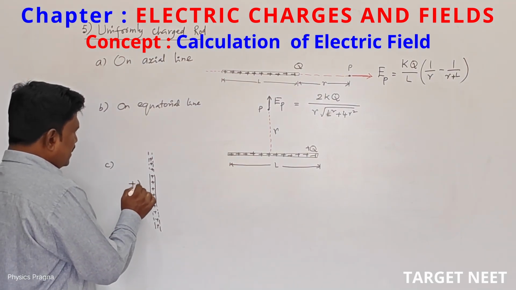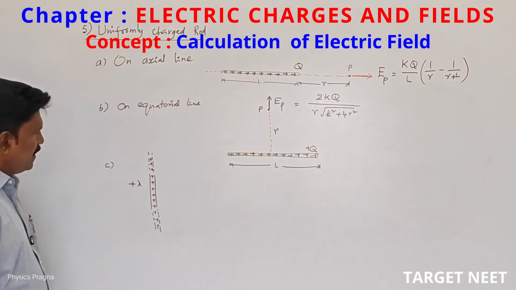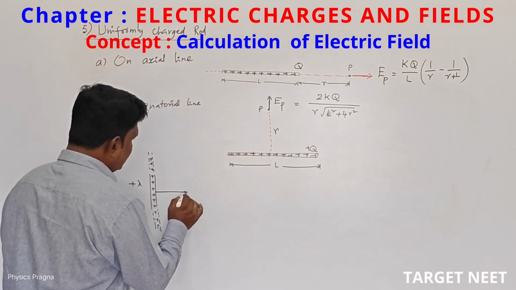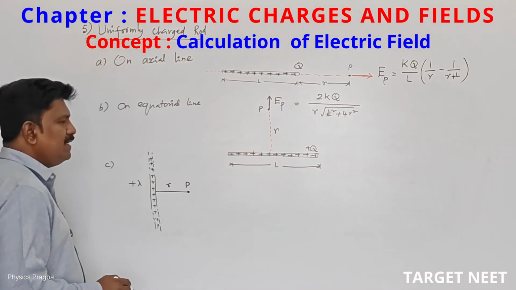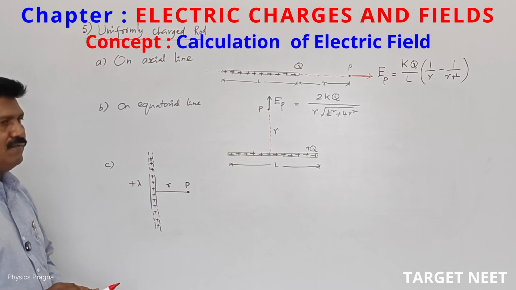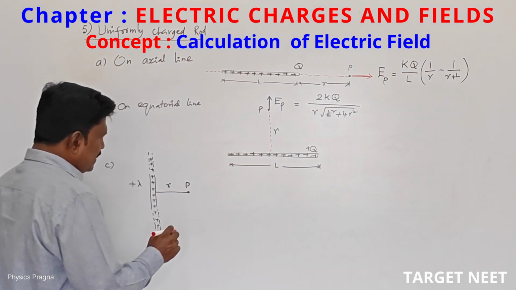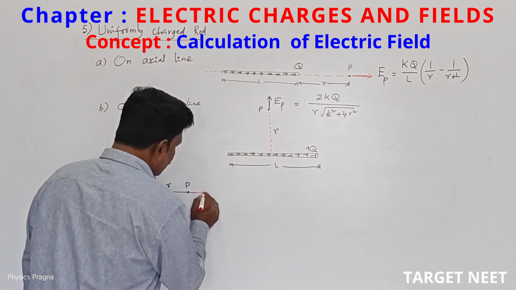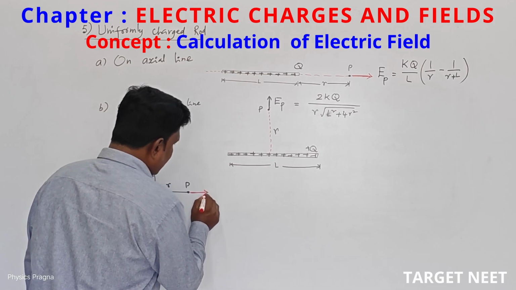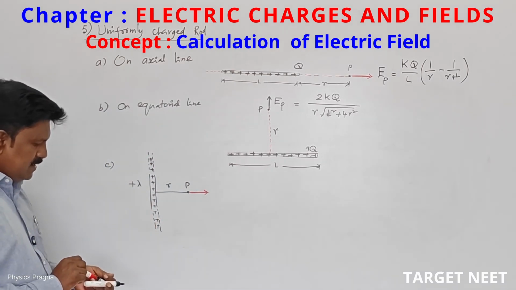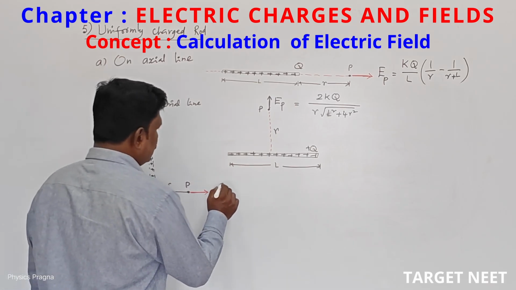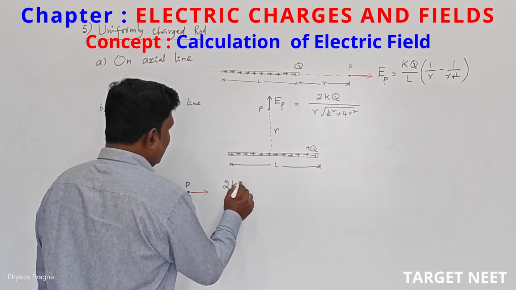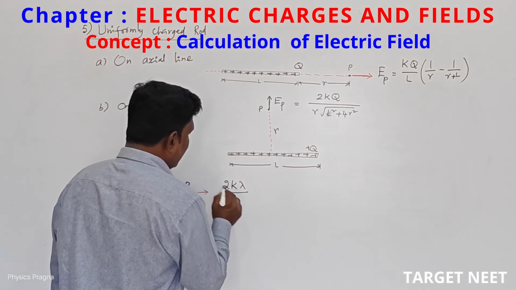So the linear charge density is plus lambda. At a distance r, one point P is there. At that point we have to calculate the electric field. The electric field direction is as usual away from the positive charge. This value is 2k lambda by r.